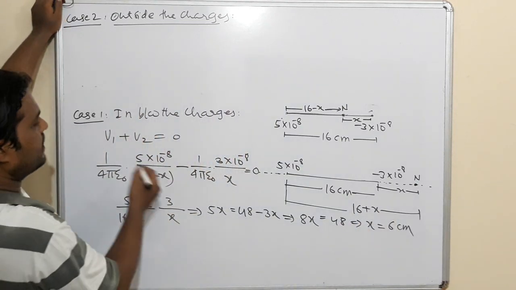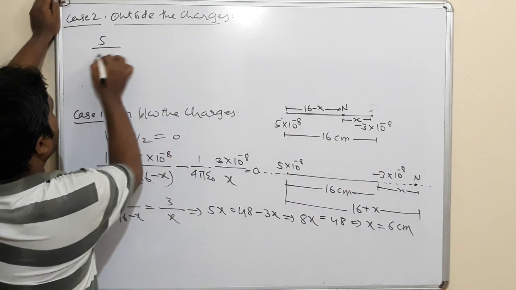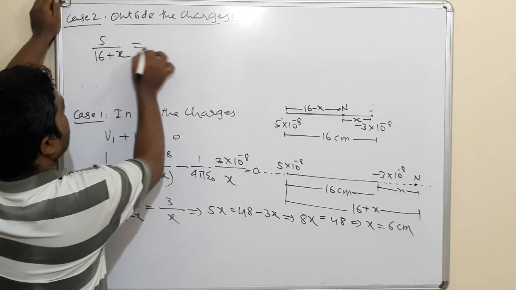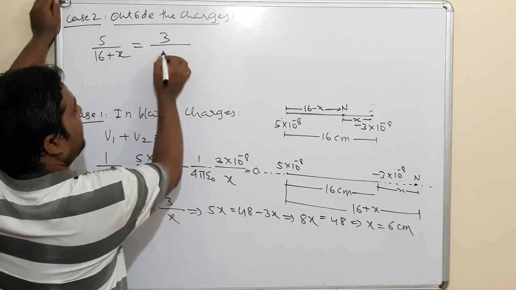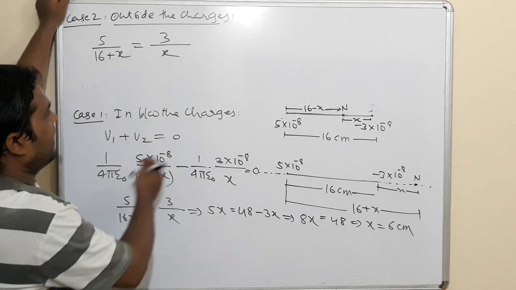Following the same steps, you can write 5 divided by 16 plus x is equal to 3 divided by x. Same, 1 by 4 pi epsilon naught, write all the formula and cancel.